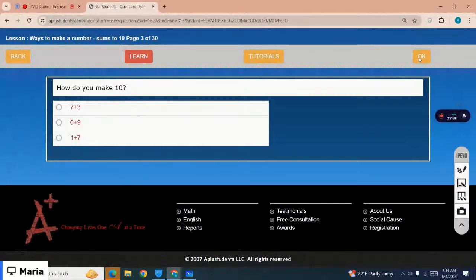Which is the correct option? The correct option is 7 plus 3. Option number 1 is the correct option.